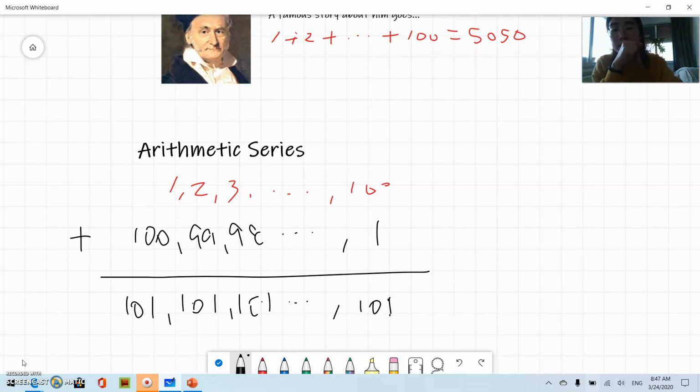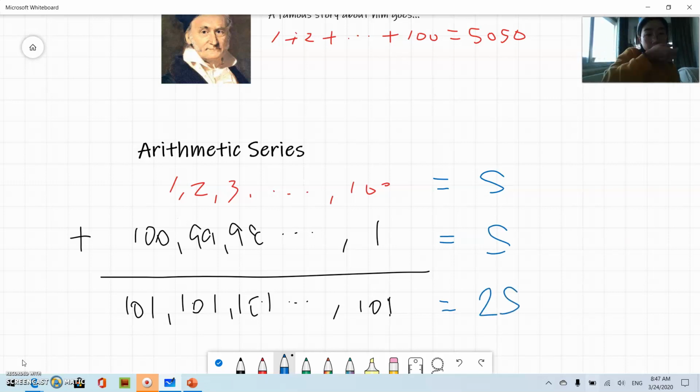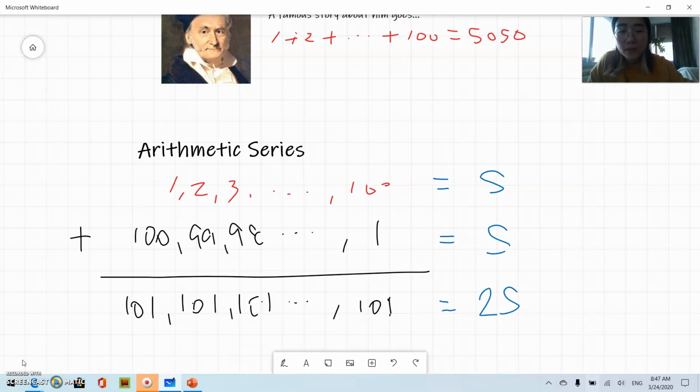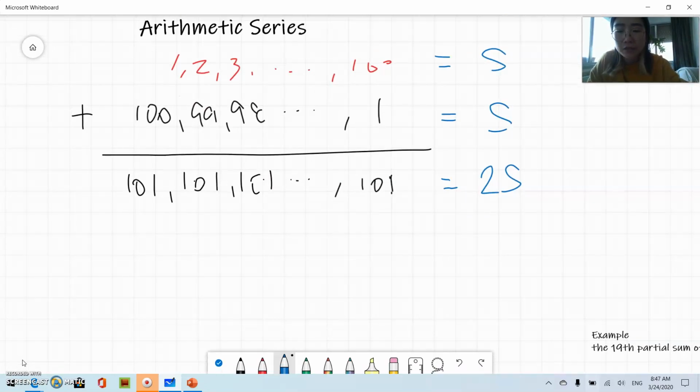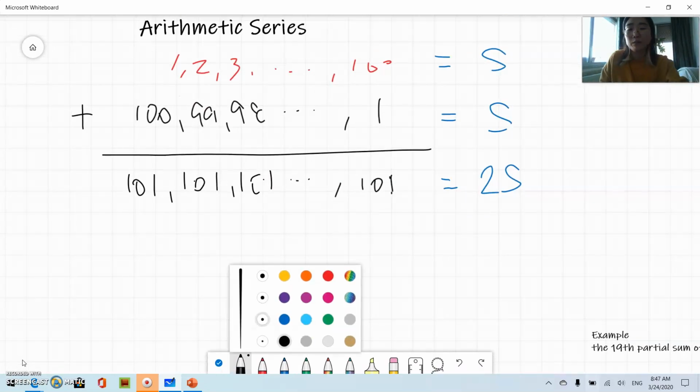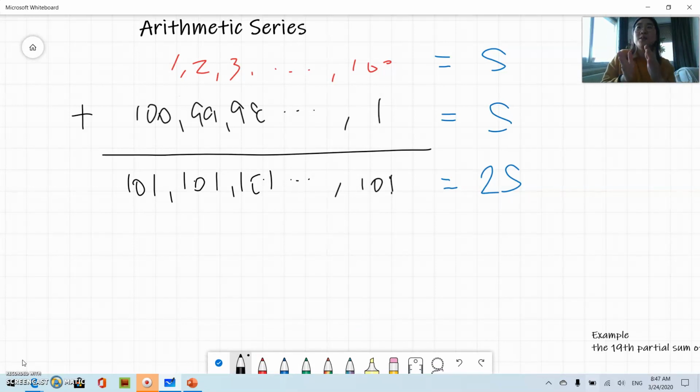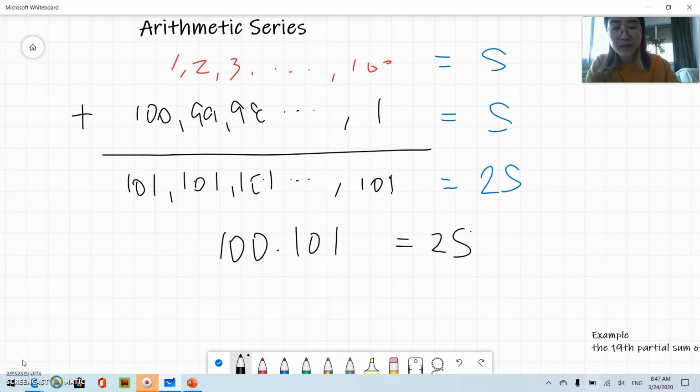Okay, so let's say that this is S, and this is then another S, so that what we have is 2 S's, right? And it's a lot easier to add up 100 100s because it's just 100 times 101, which is 10100.